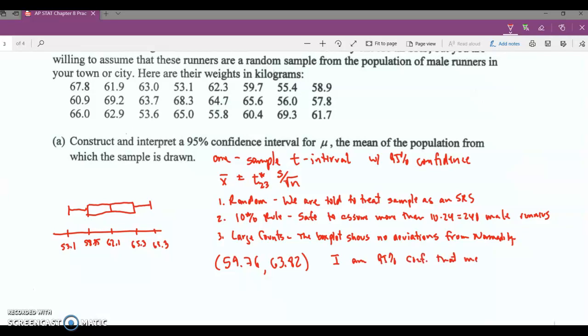That the mean weight of male runners in this town is between 59.76 and 63.82 kilograms.